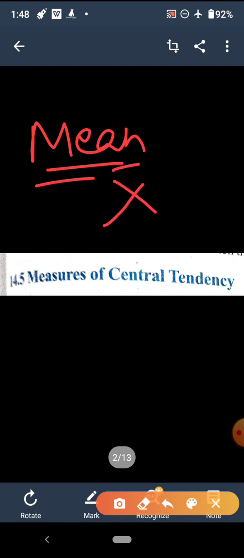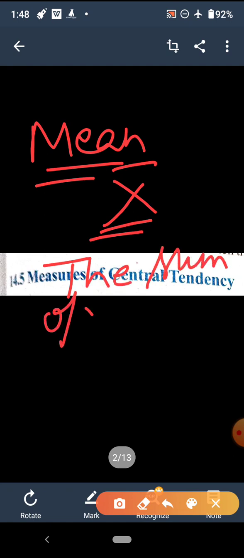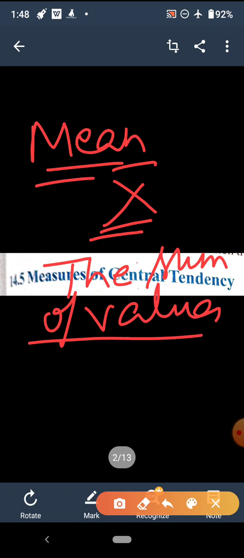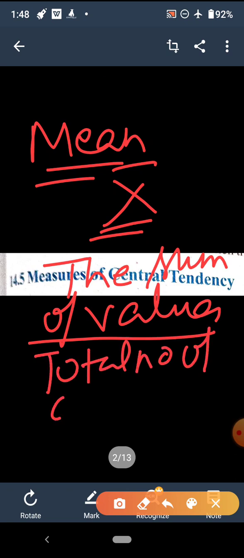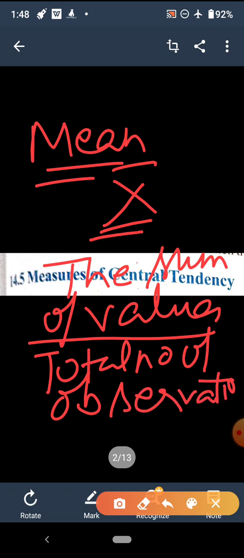Mean is represented by X bar. Mean is the sum of values divided by the total number of observations. How will we calculate the mean, beta? The sum of all the values upon the total number of observations. You can see the formula here.